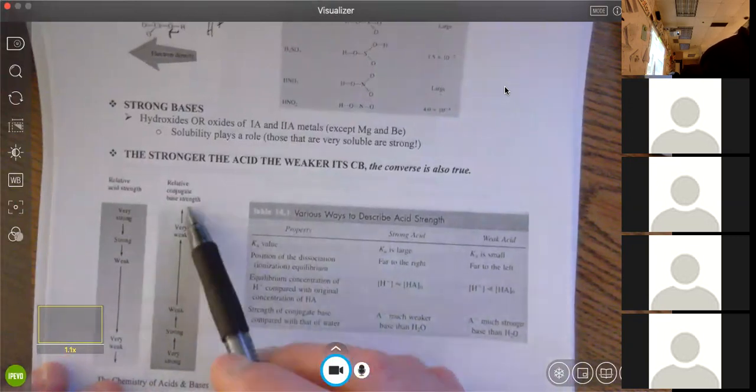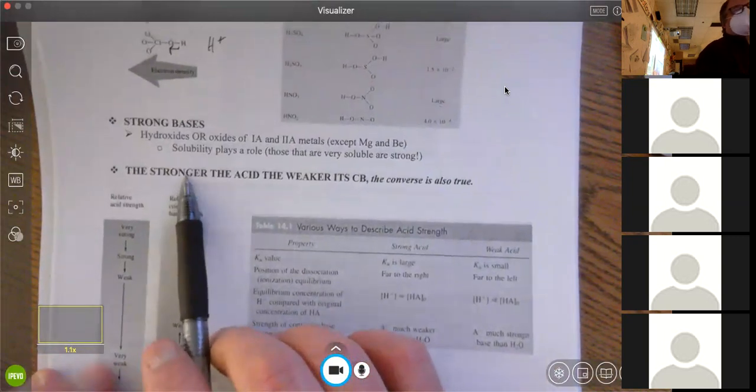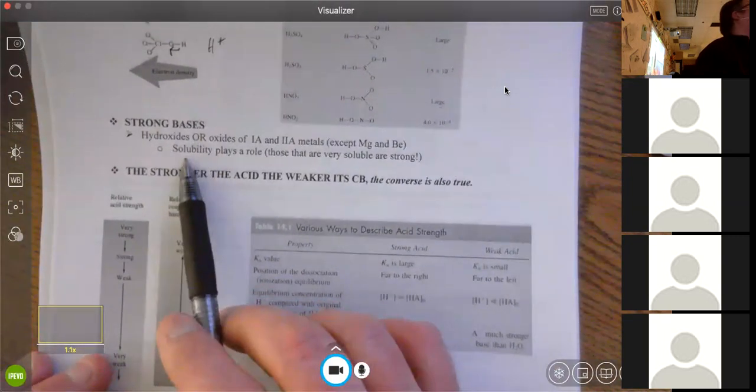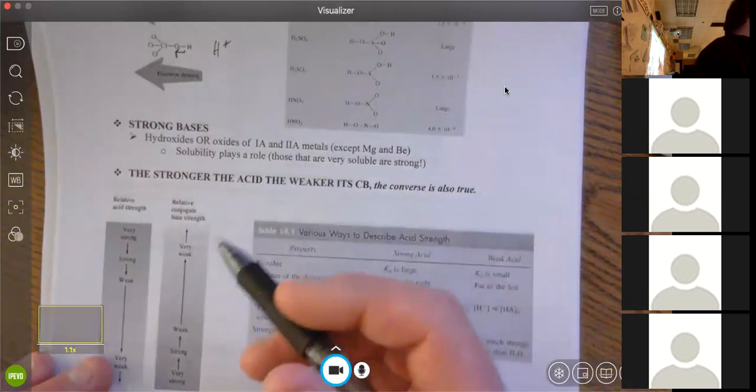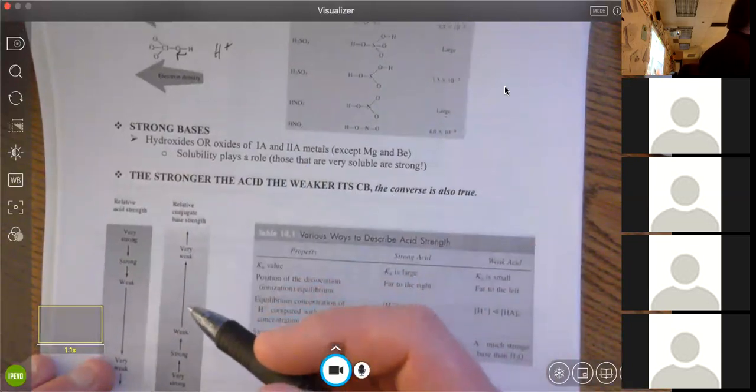With these strong bases, again, these aren't the Kas for those, but here we go. When we talk about these strong bases, keep in mind that if they're not readily soluble, then they're not going to be strong. It also deals with the solubility product constant.